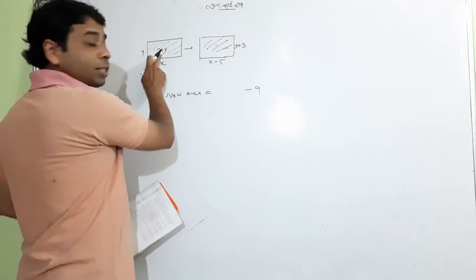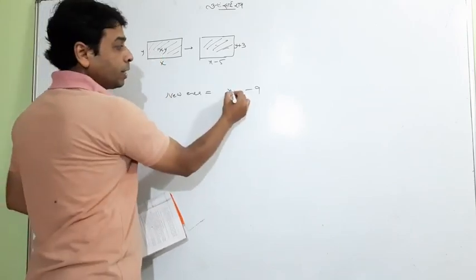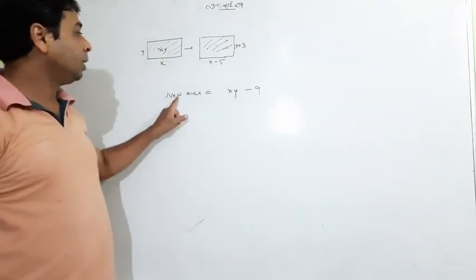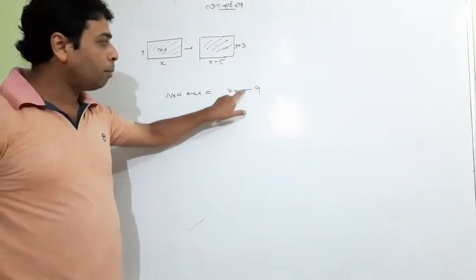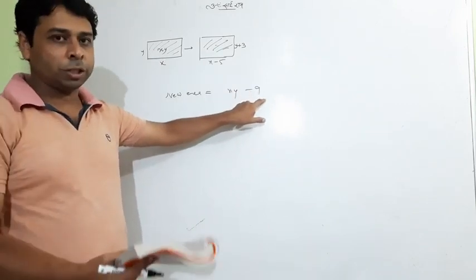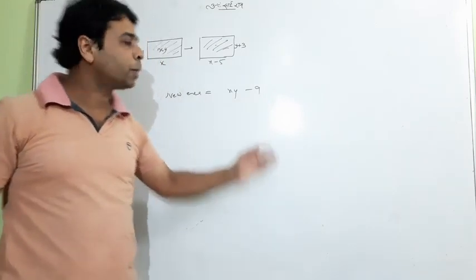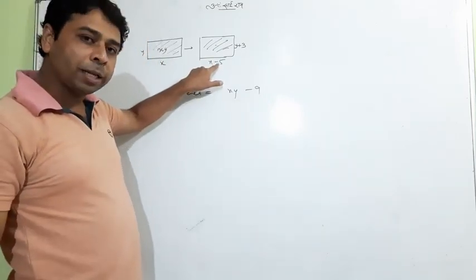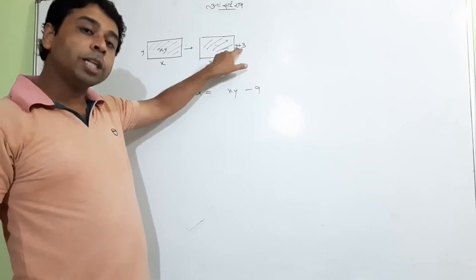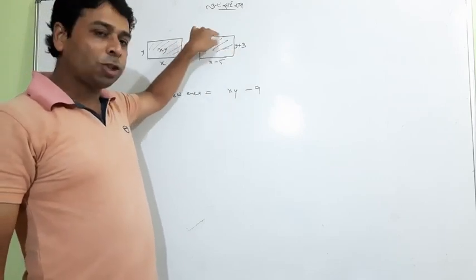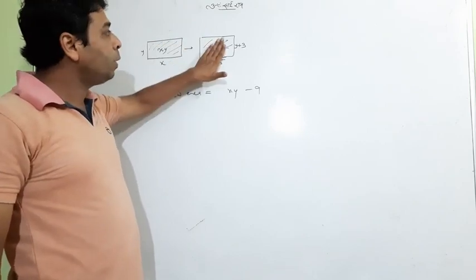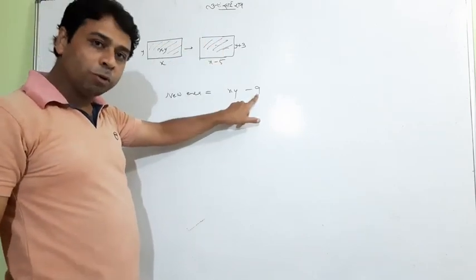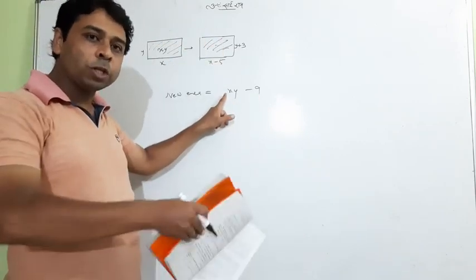So the original area is x into y, and the new area will be the original area minus 9 square units. Obviously it happens because the length is reduced by 5 and the breadth increased by 3, so the area will change, and the question says the new area gets reduced by 9 from the original area.